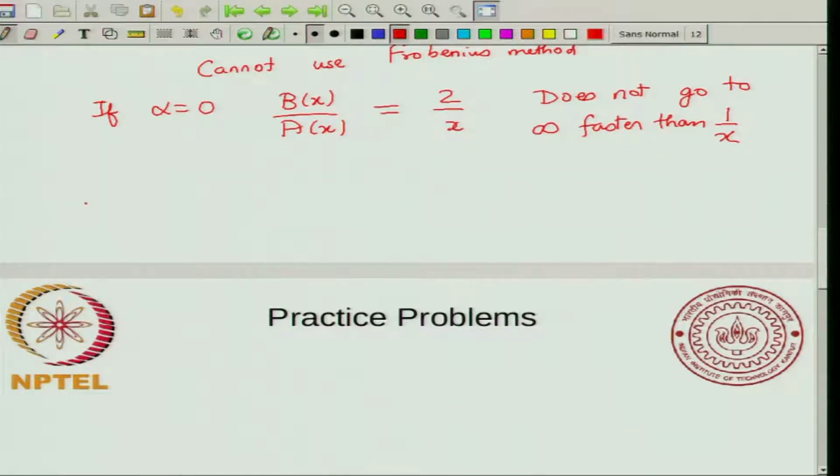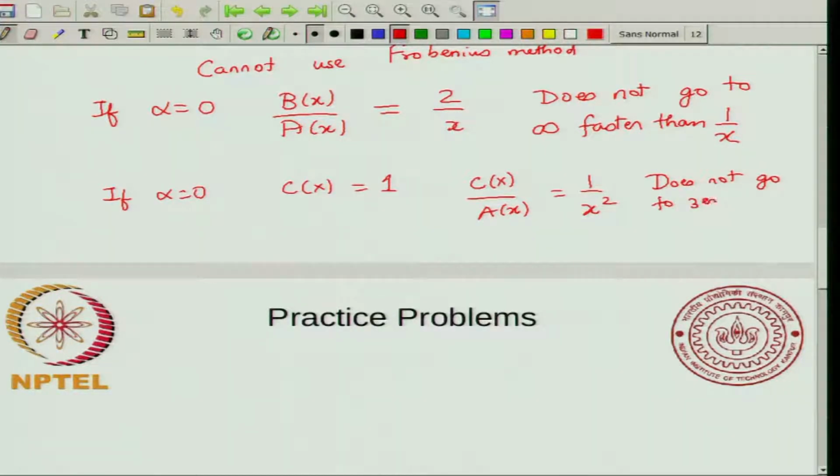So, if alpha equal to 0, c of x equal to 1, and what do you get? c of x divided by a of x equal to 1 by x square, and this does not go to 0 faster than 1 by x square.